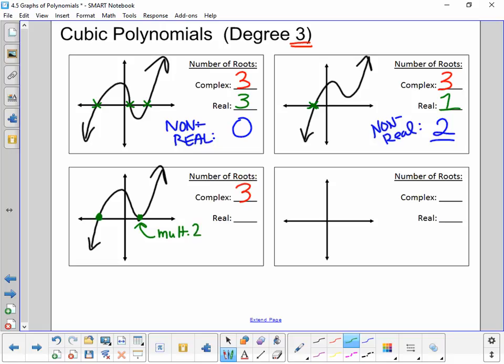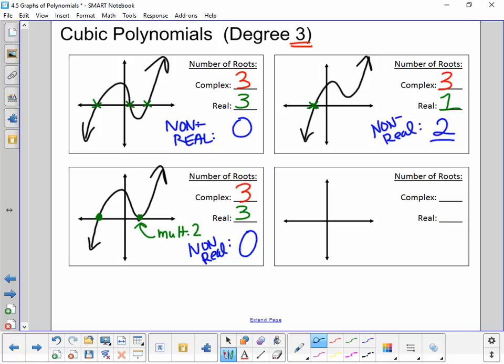That behavior of just touching and turning around on the x-axis indicates that it has a multiplicity of 2. So there really is evidence of 3 real roots there. And so this type of function, in fact, has 0 non-real roots.